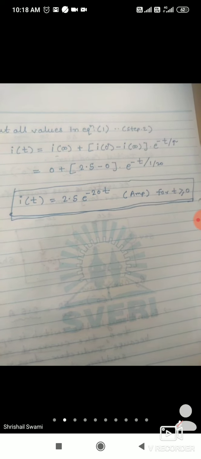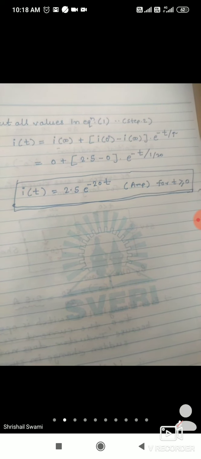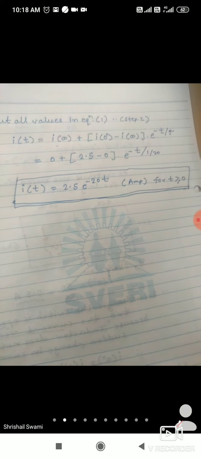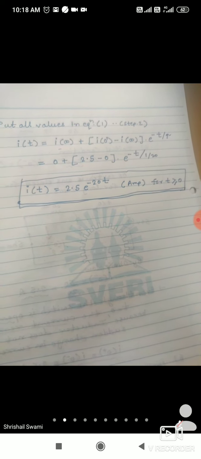So this will be the final solution: I of t is equal to 2.5 e raised to minus 20 t ampere, for t greater than or equal to 0.